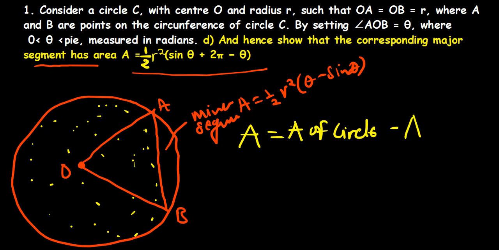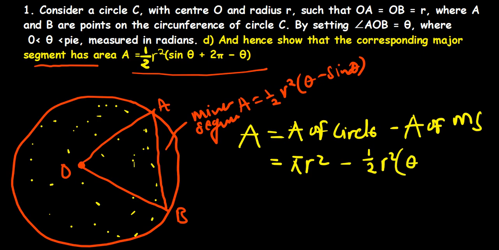So what is the area of the circle there? We are going to say pi r squared, that's the area of the circle, and then minus the area of the minor segment, which is 1 over 2 r squared, and then in brackets theta minus sine theta.